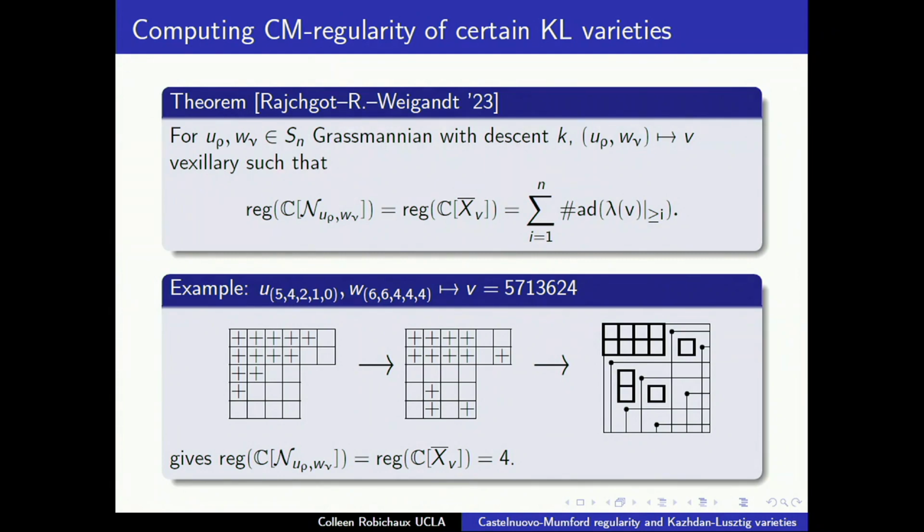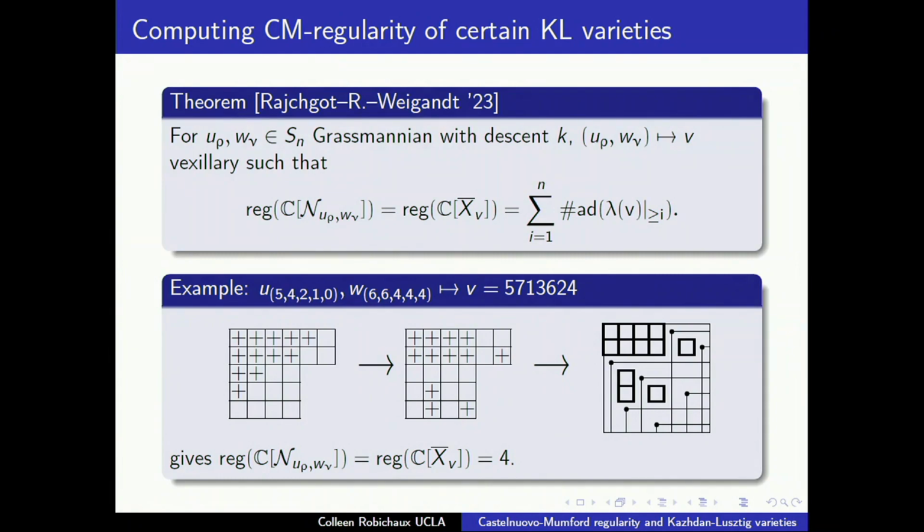And let's see what we can do there. As it turns out, these Kazhdan-Lusztig varieties indexed by Grassmannian pairs are just isomorphic to vexillary matrix Schubert varieties. So by this isomorphism, we know that their regularities will coincide, and we can again apply our formula.